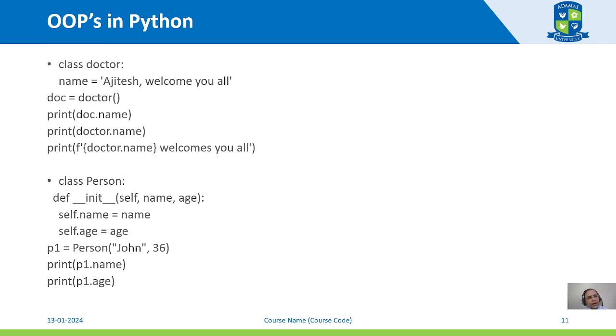Here we come to the important concept called object oriented programming in Python, and it is very important to know. Object oriented programming has some features.